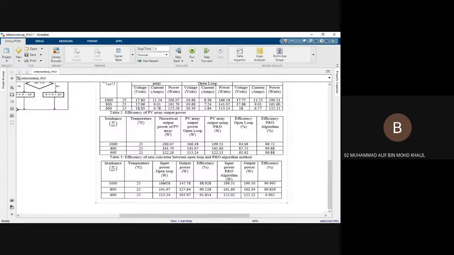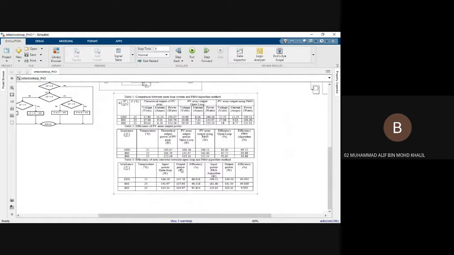The next table shows the efficiency of the zeta converter between the open loop and the PNO algorithm method. We compare the input power of the PV for each system with and without the MPPT. For the open loop, the input power is 166, and the output power is 147.78, so the efficiency is only 88.928.